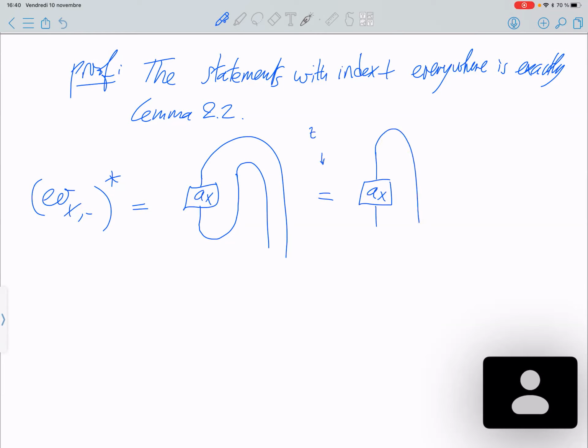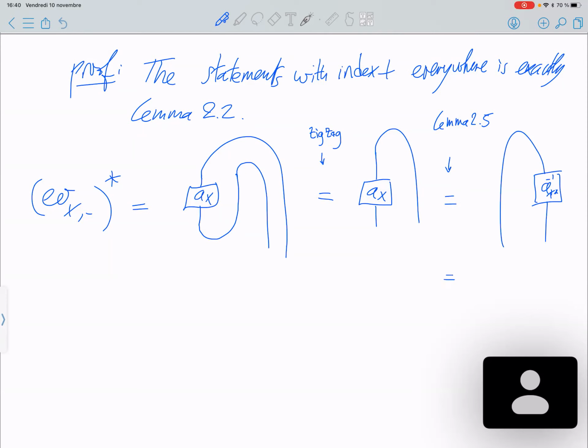Zigzag relation. Which is, remember the lemma which move the pivotal structure from one side to another side. We prove the lemma like that.